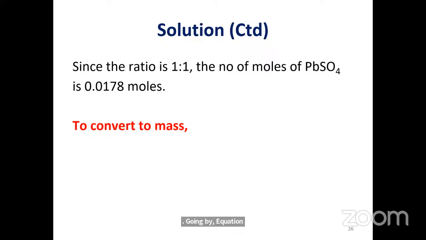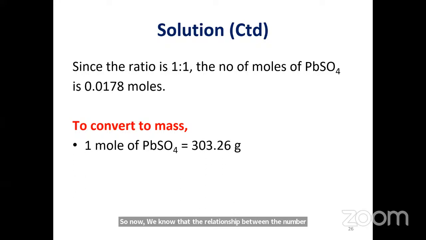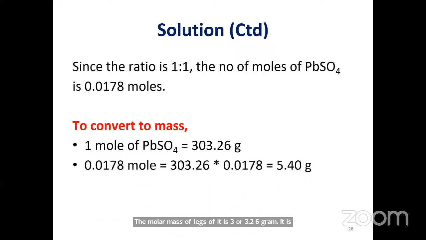To now convert to mass, we know there's a relationship between the number of moles, the mass, and the molar mass. The molar mass of lead sulfate is 303.26 grams, which is equivalent to 1 mole. So number of moles equals mass over molar mass. So the mass will be the molar mass multiplied by the number of moles.